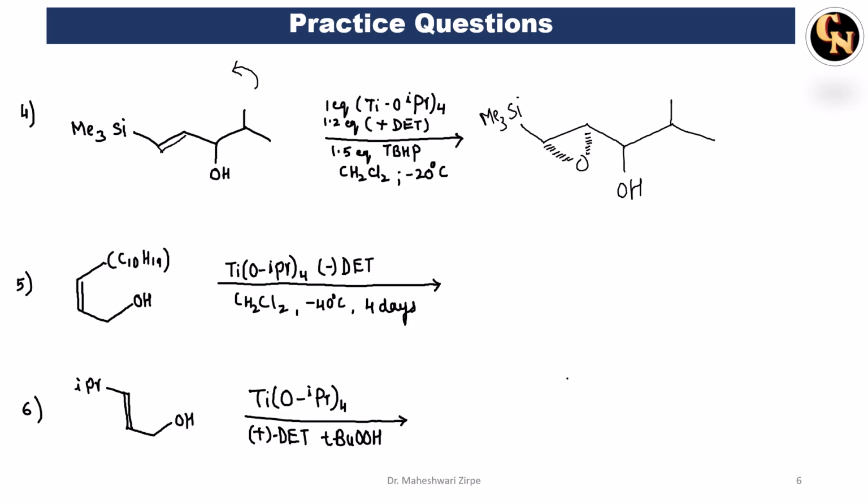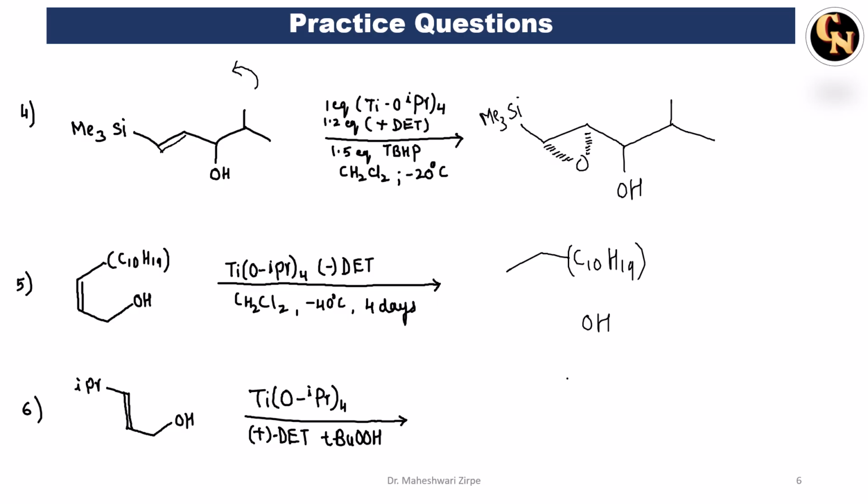Now the next one, again when you rotate this, the OH will be on the left hand side, so minus DET. That means the product will be C10H19. Your pi bond will break, and you will get an epoxy alcohol.